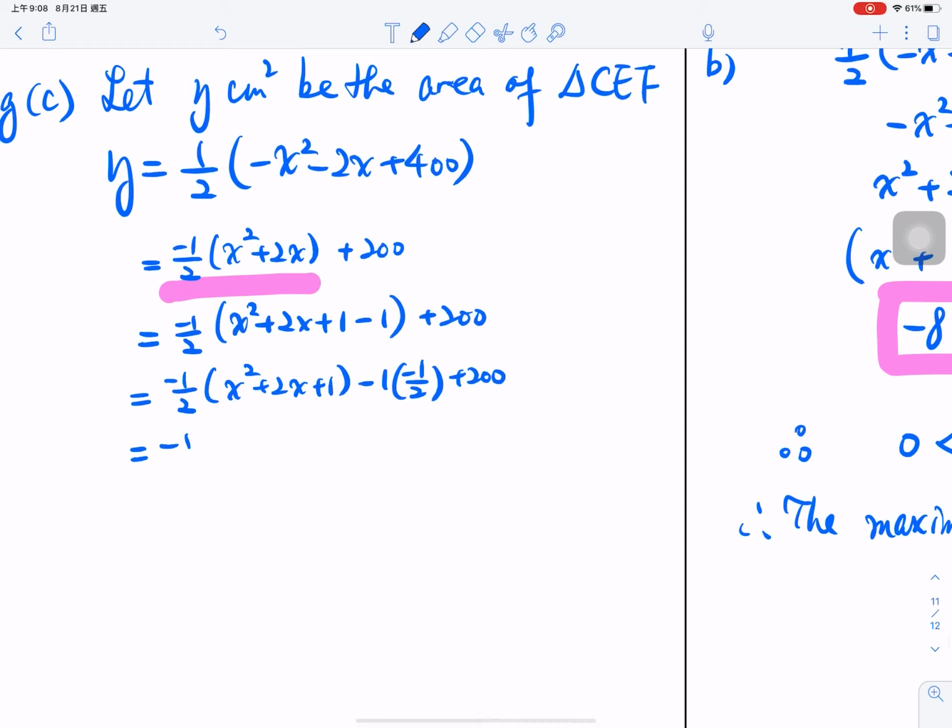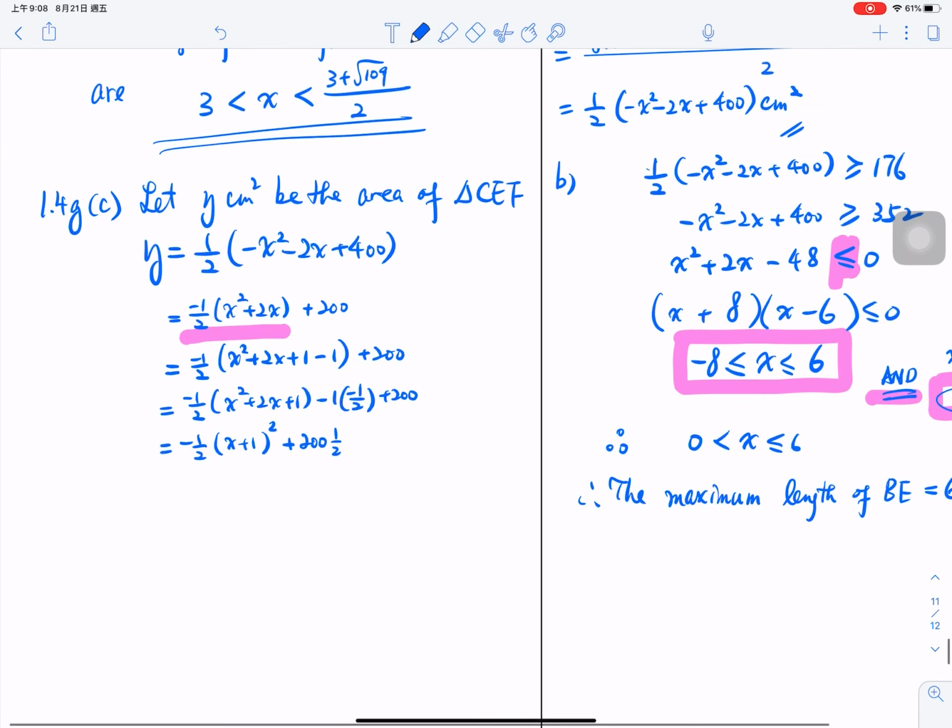At the end, this one perfect square, good. And then this one add up together plus 200 and 1/2, right? And you found that this one, oh, it should be smaller than 200 and 1/2, right?